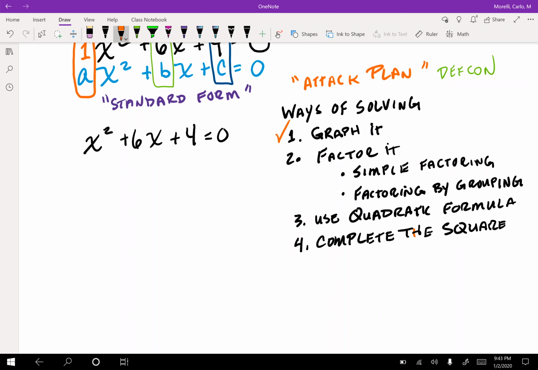All right. So let me give you guys some equations to go plug into Desmos. Here's some examples. Okay, or here's some homework. 1.